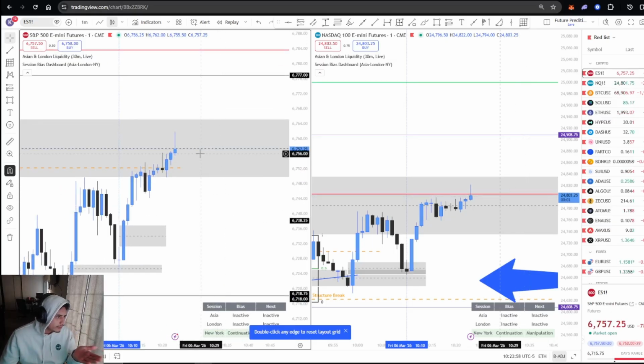Please do not inverse this gap. Continue, please. Continue, continue. Take it out. Nasdaq is gonna take it out.